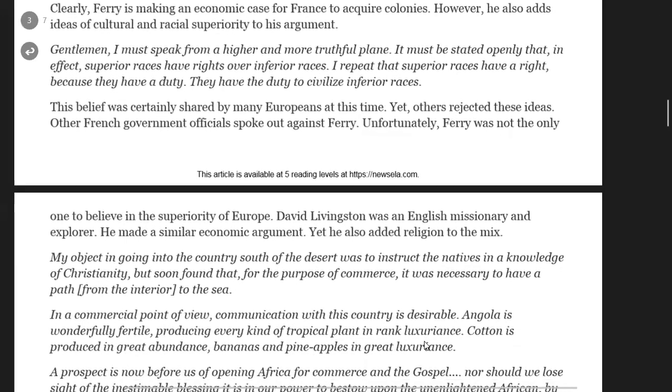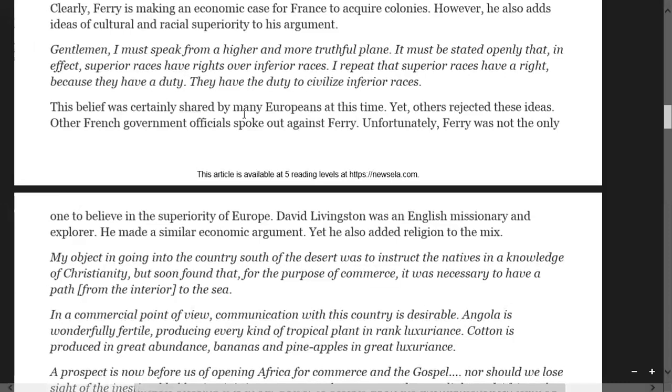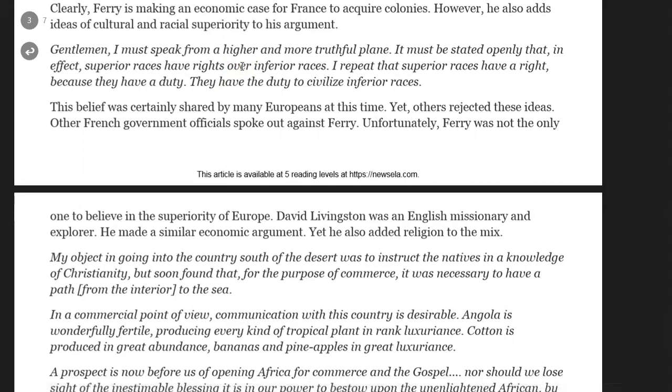So another element that they talk about here, and they use these concrete examples of people from that time making an argument, is that right here in this paragraph, the gentleman is talking about how the European races are essentially superior to the races that they are colonizing.